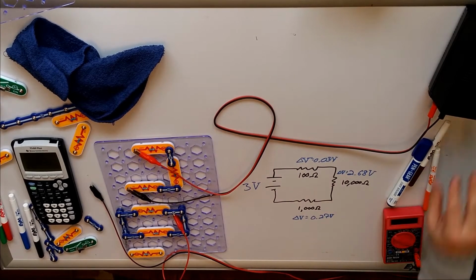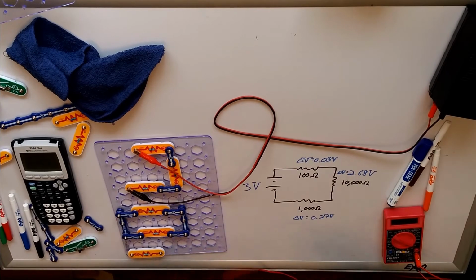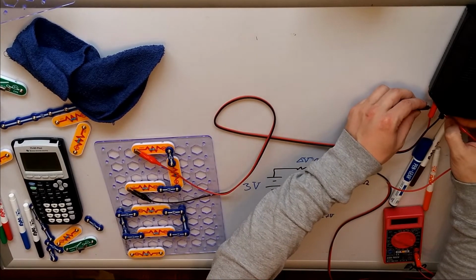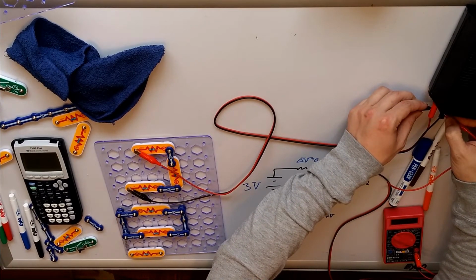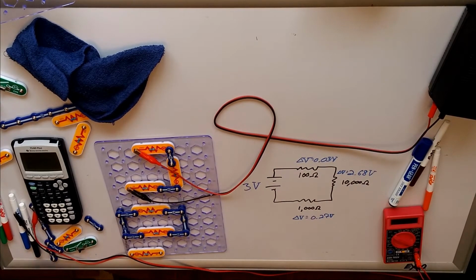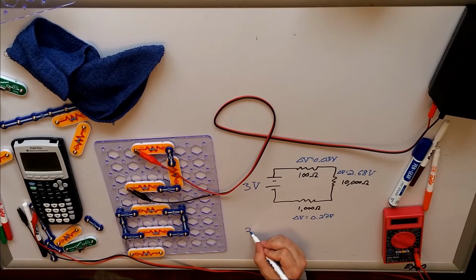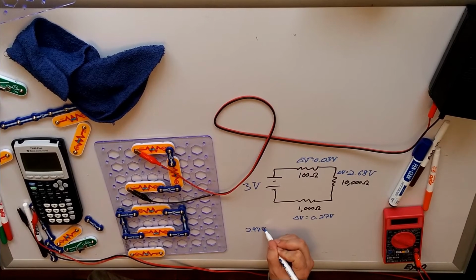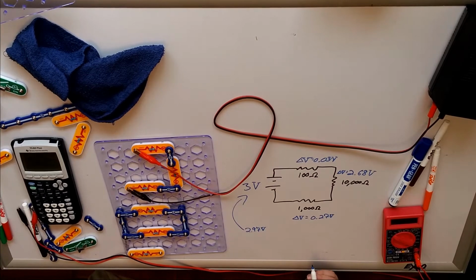Let's see what we end up with. Actually, let's double check what our total is just to be certain. 2.97. All right, so here we go. My total is 2.97 volts. That's what the battery is actually giving.